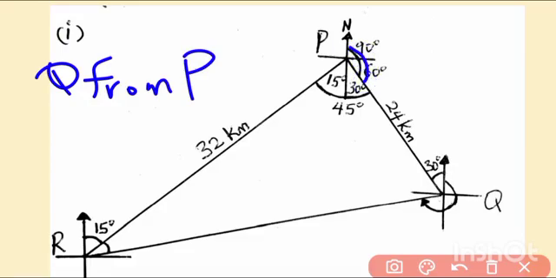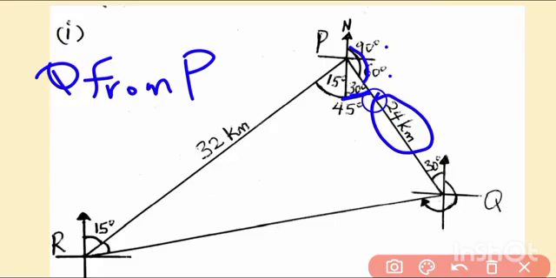So our 150 is here. 150 is 90 plus 60, so 150 is here, and the remaining portion to get to 180 is 30. So that makes this angle equal to 30. And PQ according to the question is 24 kilometers.